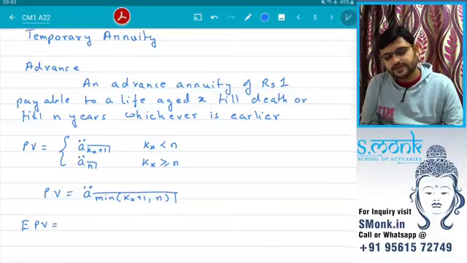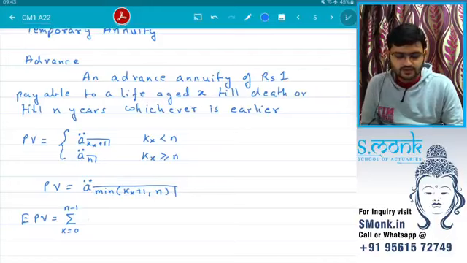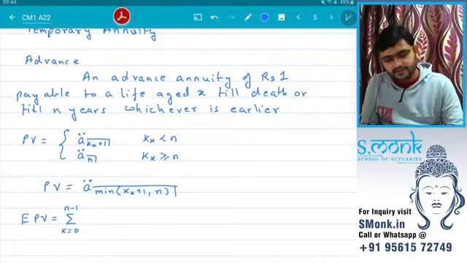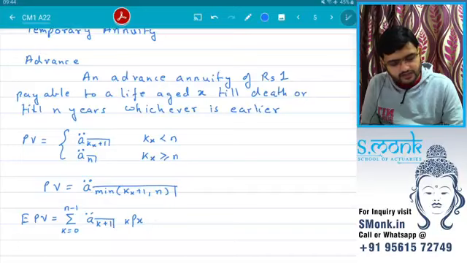So the expected present value is summation k going from 0 to n minus 1. If the person survives for 0 to n minus 1 years, the payment would be a due k plus 1, kpx q x plus k.